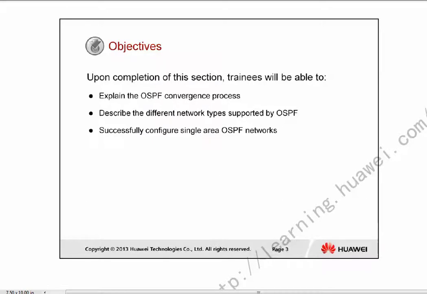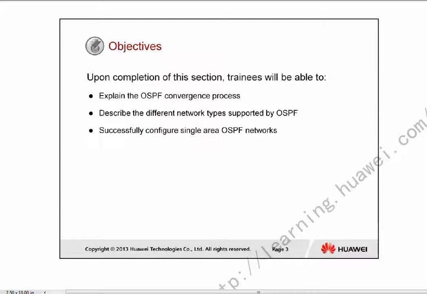It can detect topology changes within the autonomous system and establish loop-free routes in a short period of time, with minimum additional communications overhead for negotiating topology changes between routers.